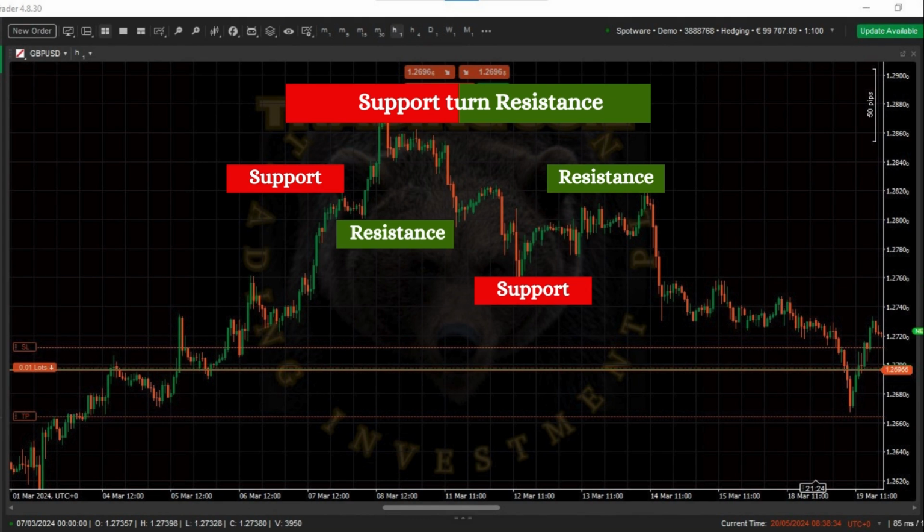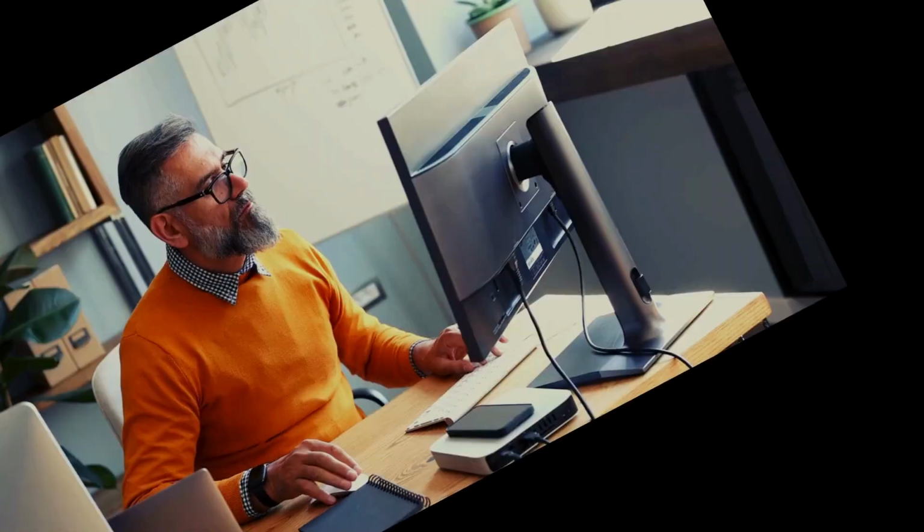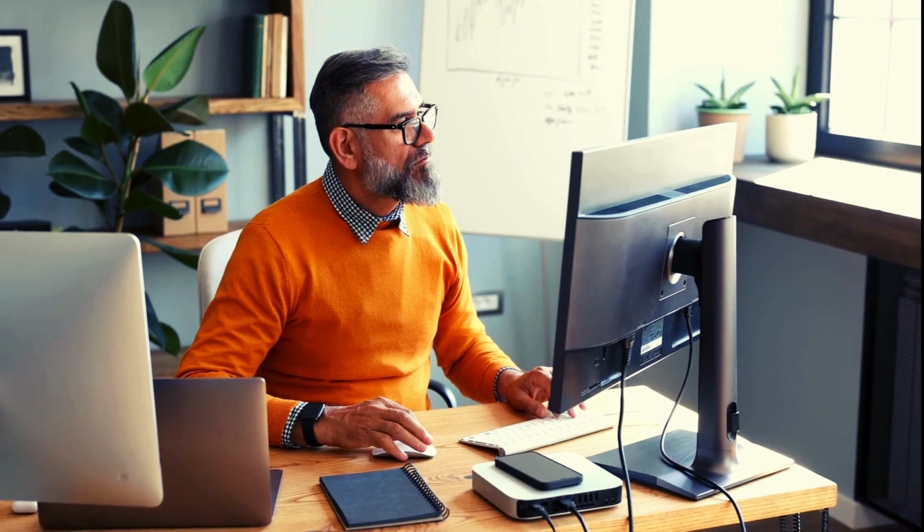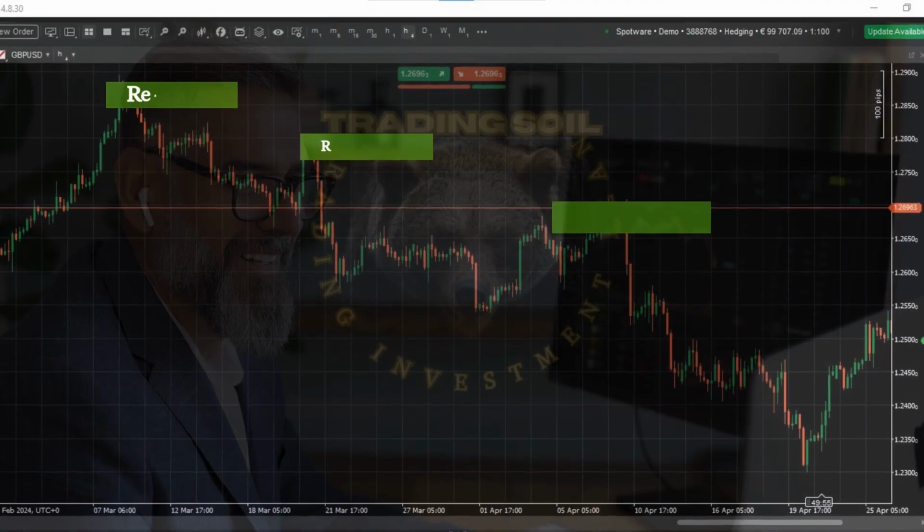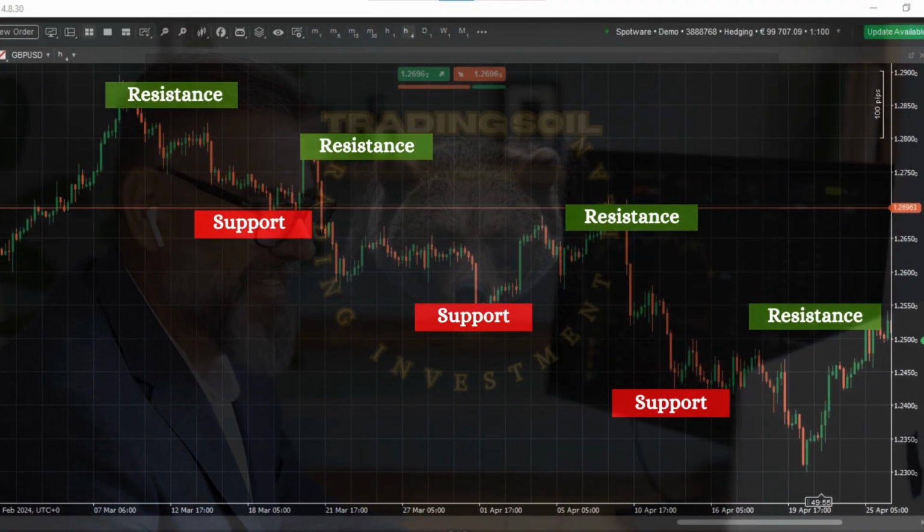This shows strength in the quote currency over the base currency, which signifies that the institutional traders are likely to shift their interest from the base currency to the quote currency.